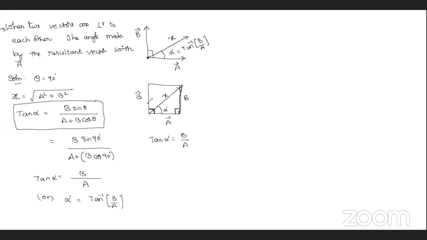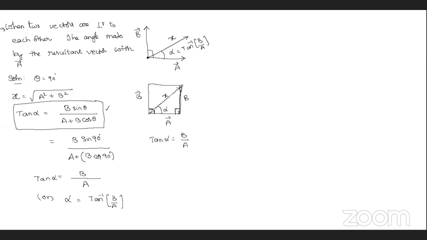Means when the given two vectors make an angle 90 degrees, perpendicular to each other, what is the angle made by the resultant vector taken from the same point? Using the formula, we substituted theta equals 90 degrees and found alpha. This procedure is correct. But I am giving one shortcut.